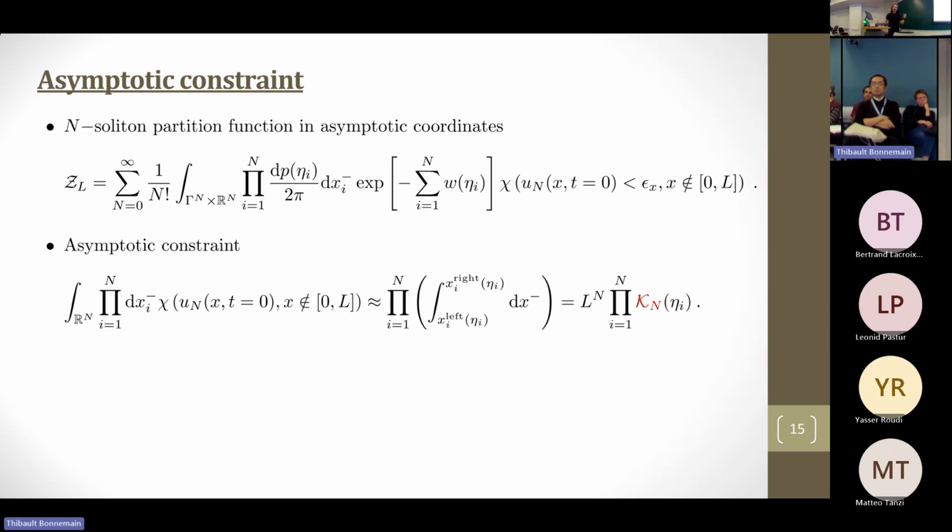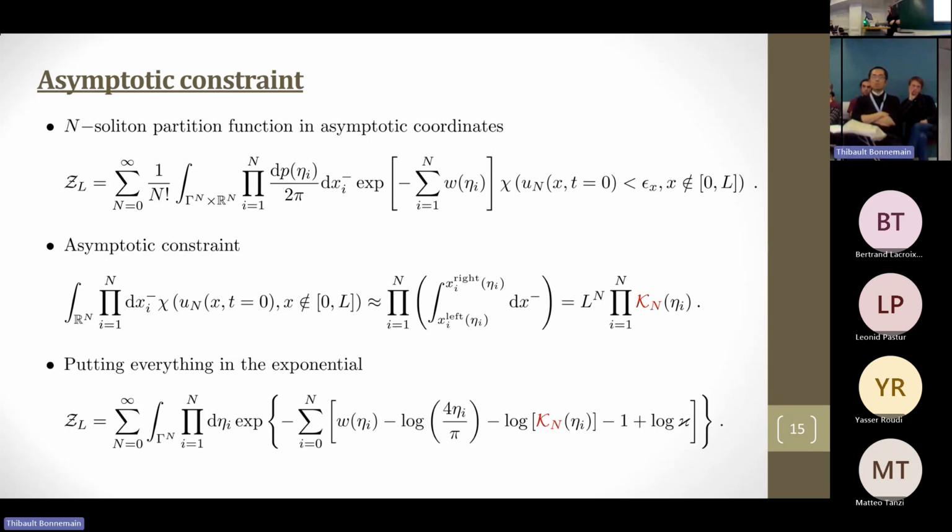The quasi-particle picture amounts to bounds on the integration over the impact parameters, because for your solitons to be between 0 and L, the impact parameters must be between x left and x right, which depend on the associated spectral parameter. Ultimately, what you end up with is just the product of all the asymptotic spaces of all your solitons, which I can express in terms of my asymptotic space density.